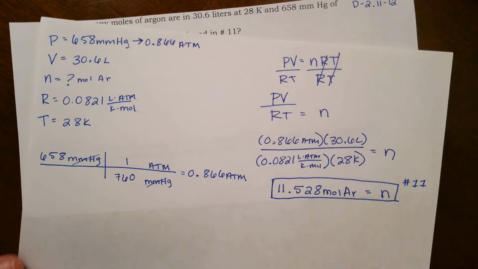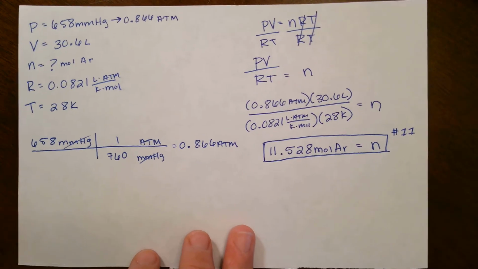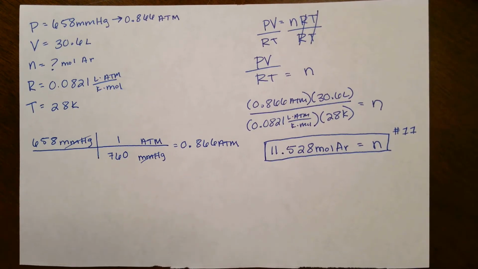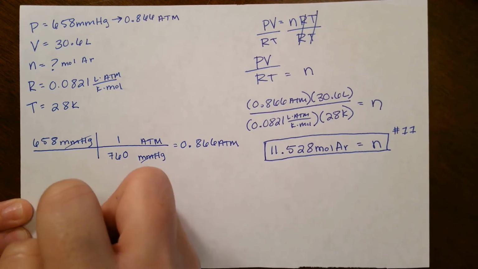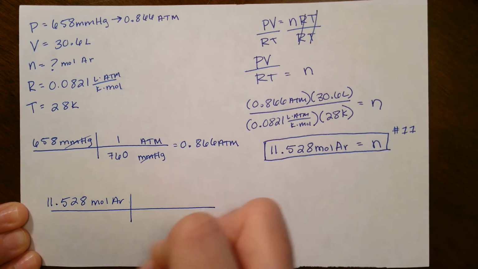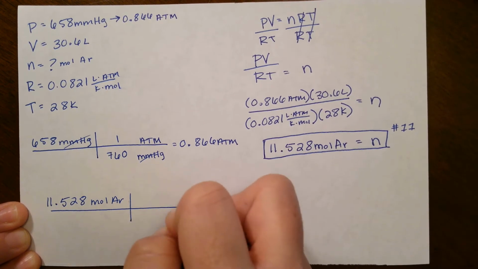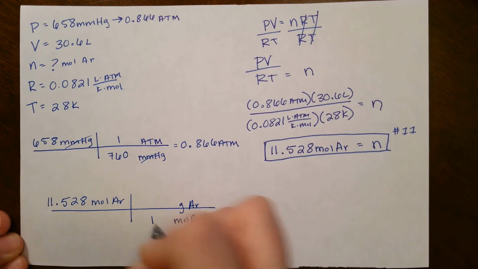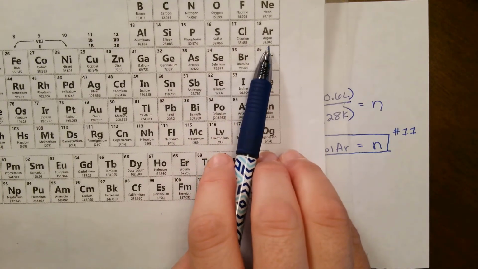But number 12 asks us to take it just one step further and figure out how many grams are in there. So at that point, it just turns into a basic stoichiometry problem. So we're going to say 11.528 moles argon. Moles of argon, grams of argon. So 1 mole, we check our periodic table. The molar mass of argon is 39.95.